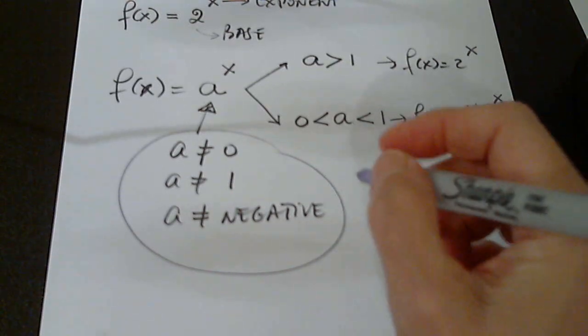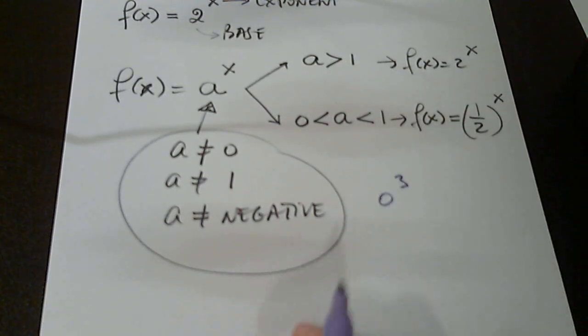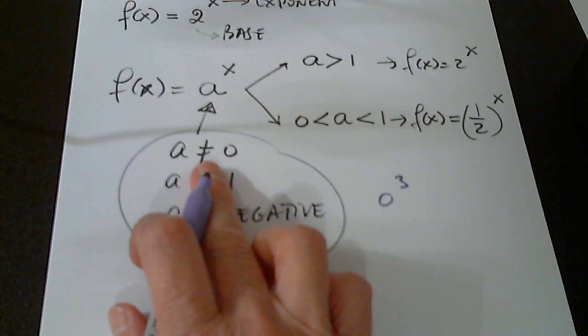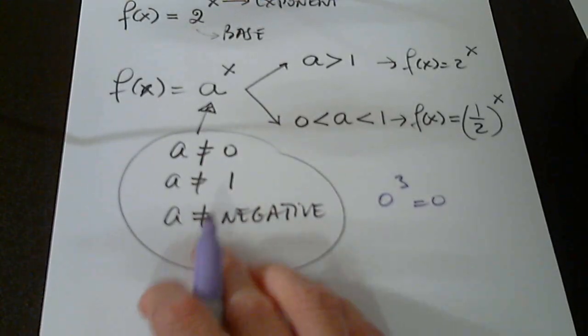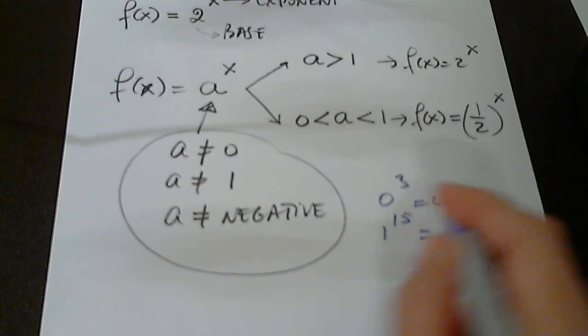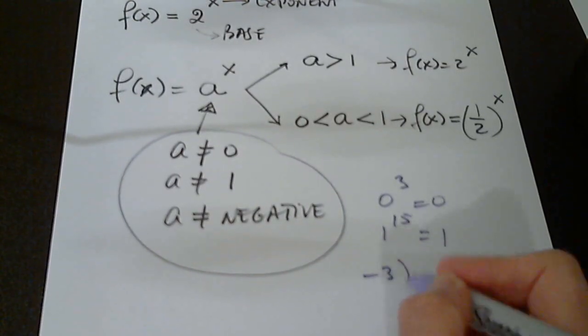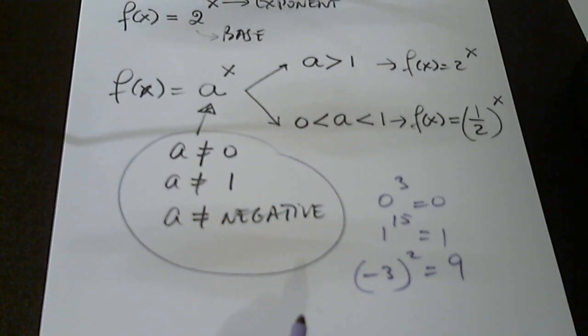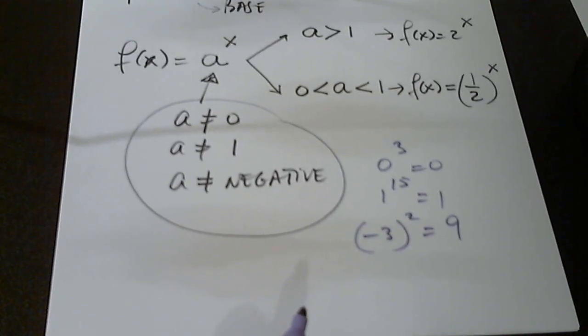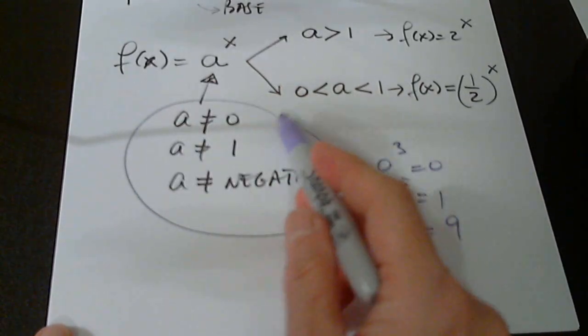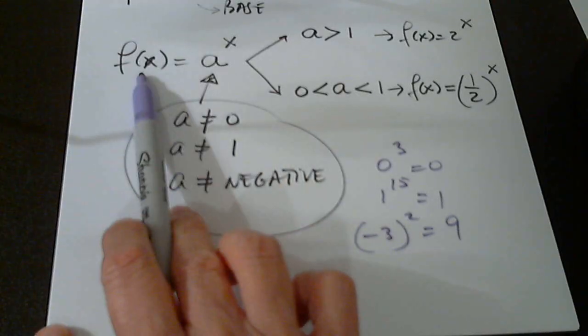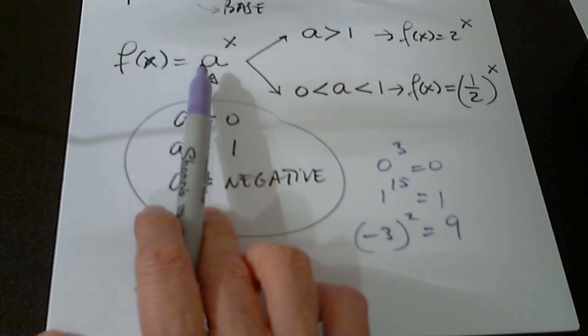I can raise 0 to the 3rd power, I get 0. I can raise 1 to the 15th power, I get 1. I can raise a negative number to any power I want, and I get a number. Why are these banned when it comes to an exponential function?